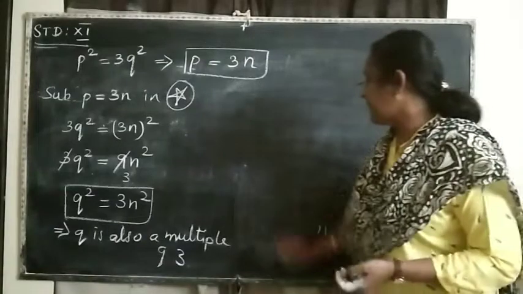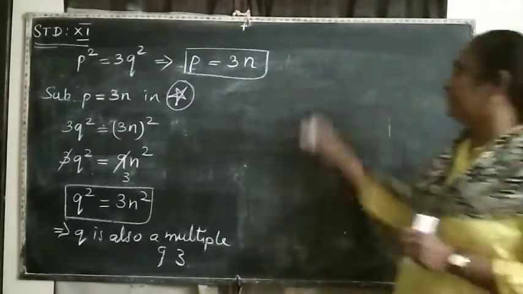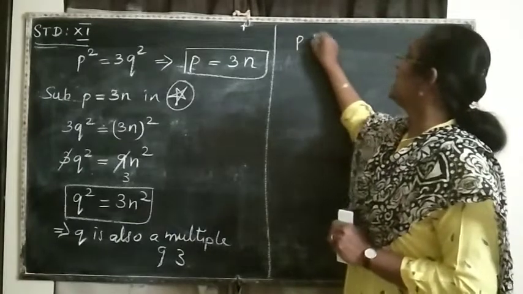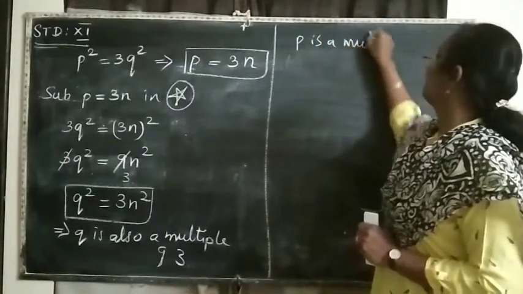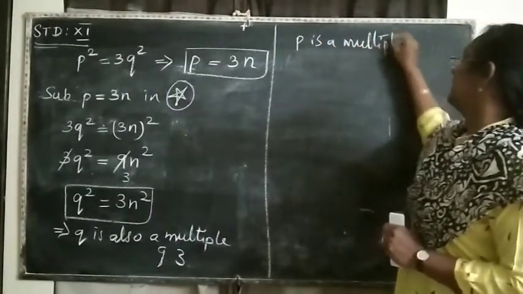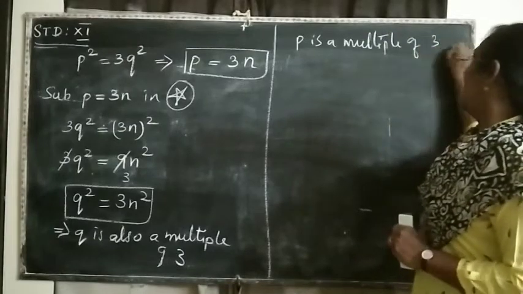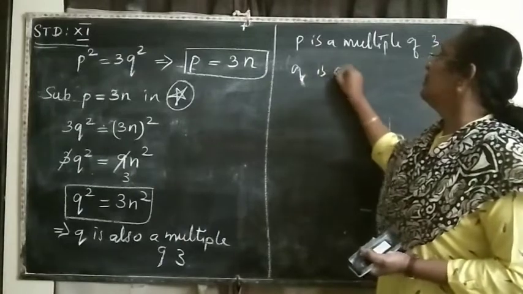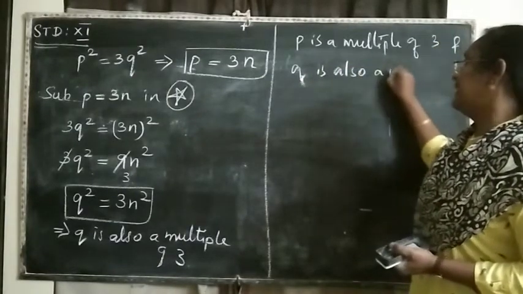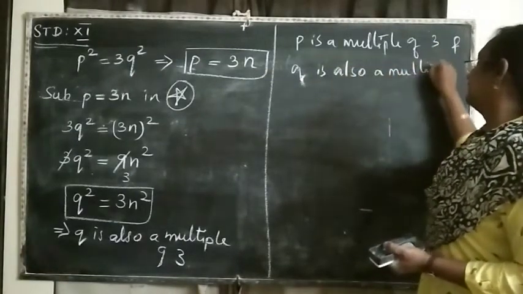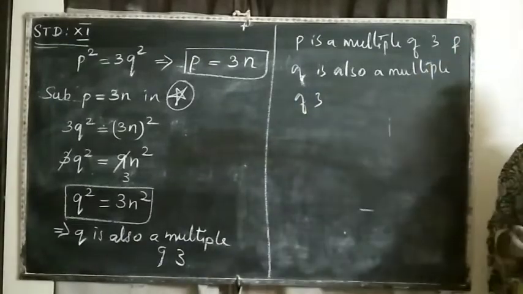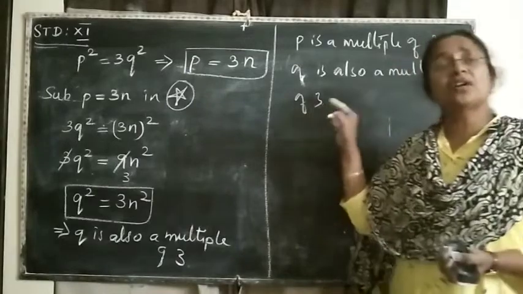Yes or no? Now look into this. What have we concluded? I have concluded p is a multiple of 3 and q is also a multiple of 3. But this leads to a contradiction.